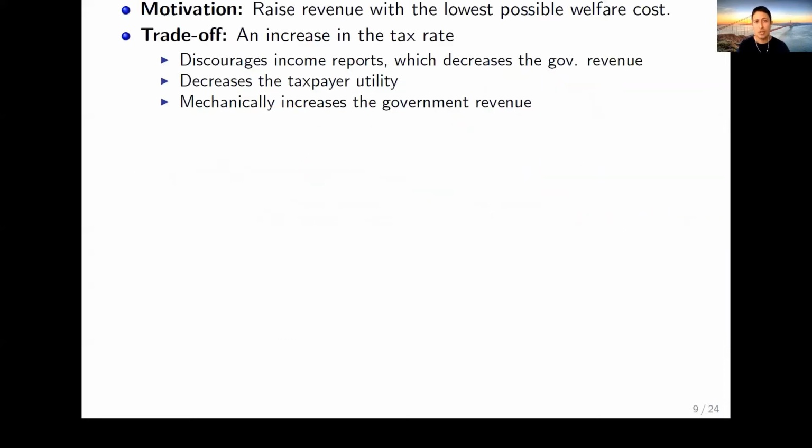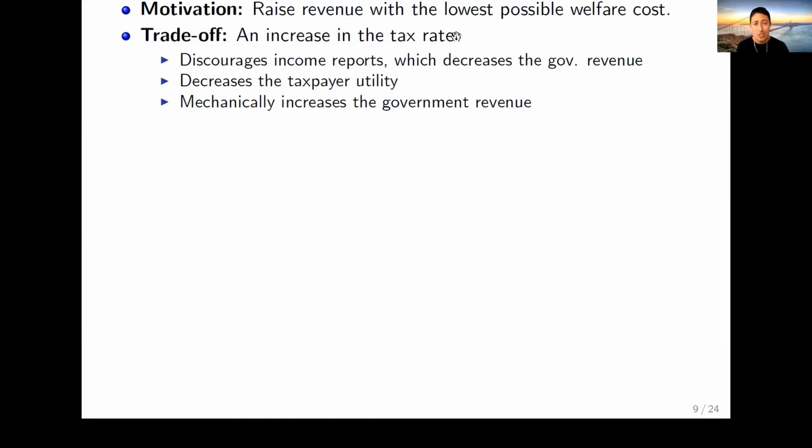Okay, so I'm going to start now talking about how to solve for the optimal policy in terms of the income tax rate. In terms of motivation, the motivation for the income tax is to raise revenue with the lowest possible welfare cost. The idea is that because the income tax can target different individuals in different ways, you can raise revenue for the government without targeting the poor, who have the highest marginal utility.